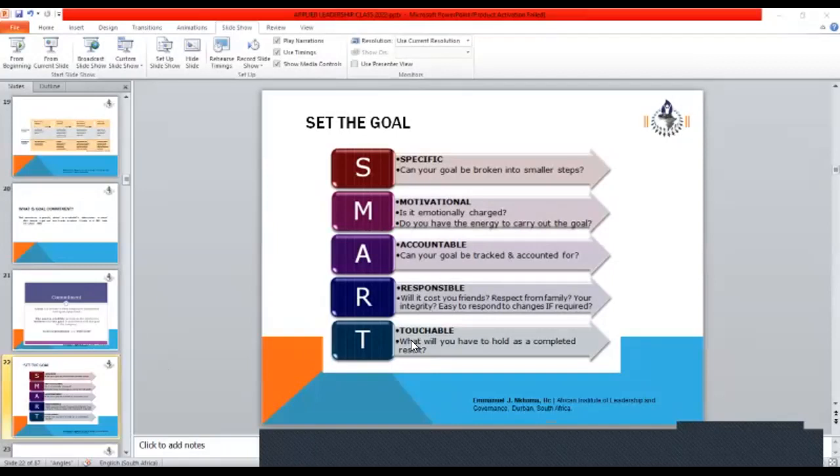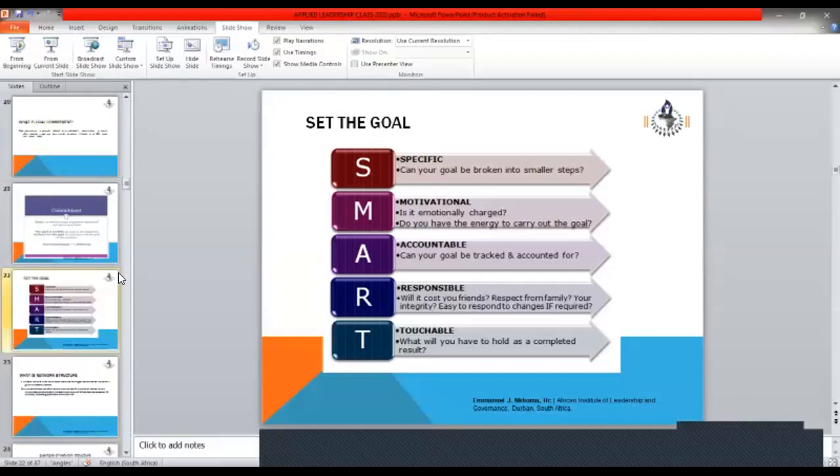Tangibility is very key. So as you set your goals, I would love you to look at that and make sure you work out SMART.